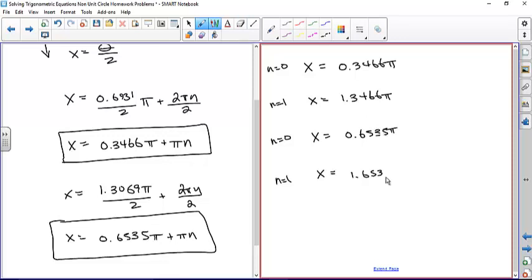This is 1.6535 pi. And so all of these are between 0 and 2 pi, because you see I have 1.6, which is less than 2.